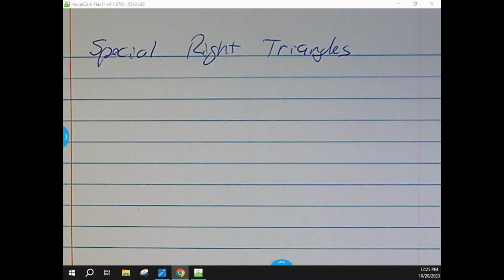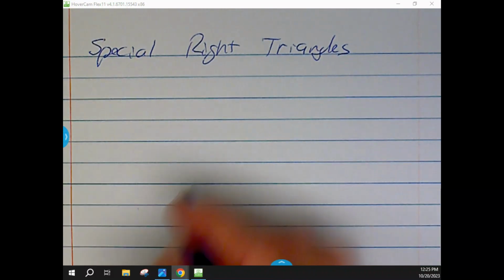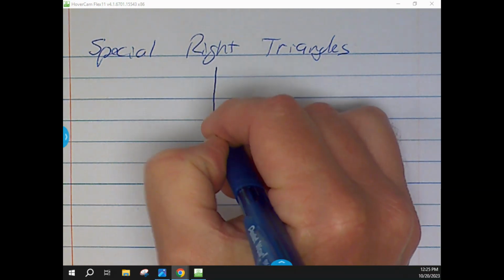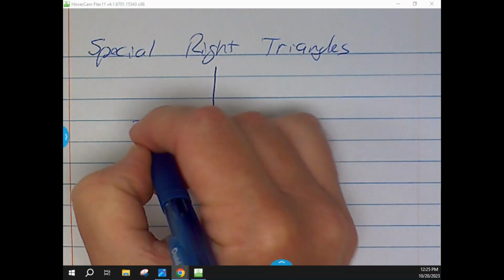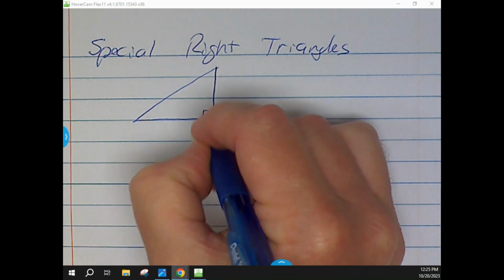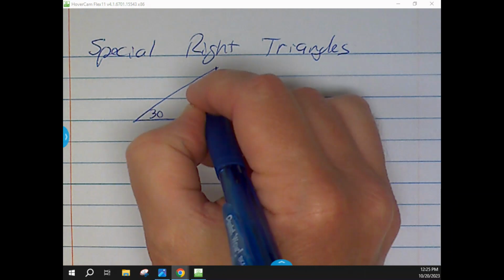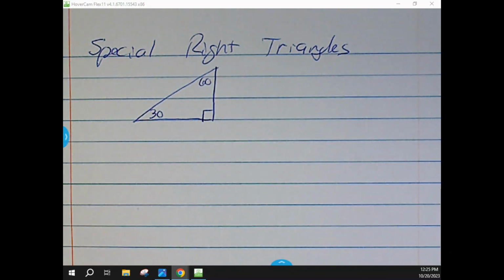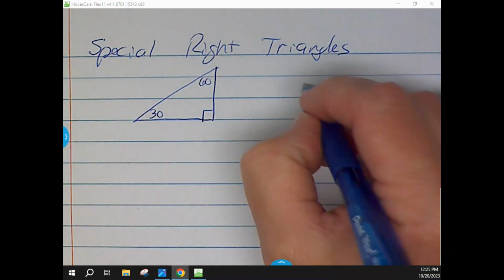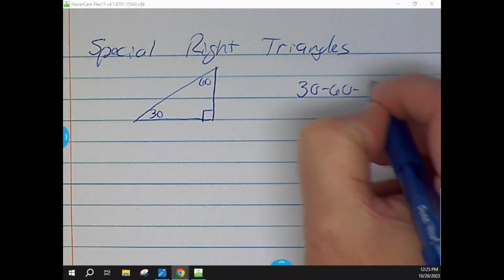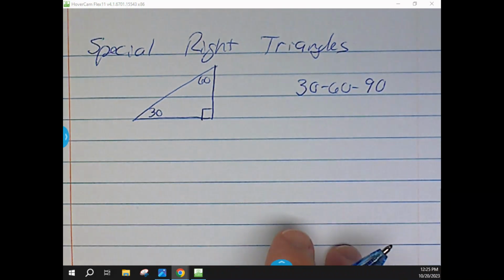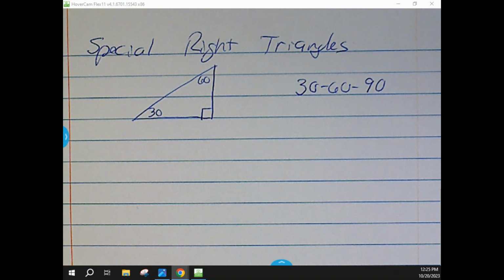If we did special right triangles, you remember the 30-60-90, or at least you remember talking about the 30-60-90 triangle? At least it rings a bell. Hopefully. Maybe. Maybe not.